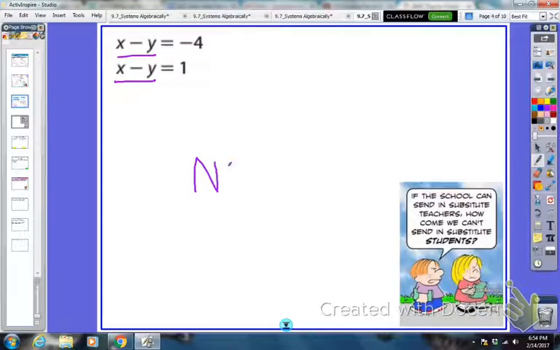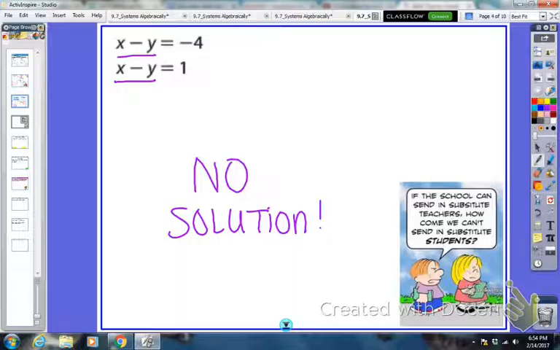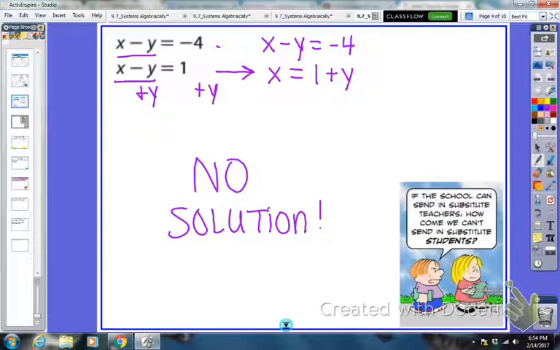So this has no solution. Okay, if I were to actually solve these out, I can rewrite this bottom one for x, so add y to both sides. And this could be rewritten for x as x equals 1 plus y. The top equation was x minus y equals negative 4.